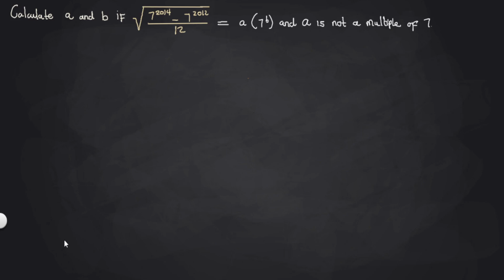Calculate A and B if the square root of (7^2014 minus 7^2012) divided by 12 is equal to A in bracket 7 raised to exponent B, and A is not a multiple of 7.